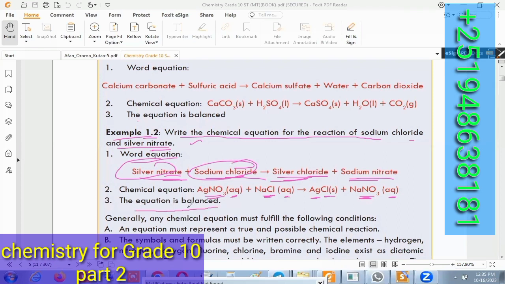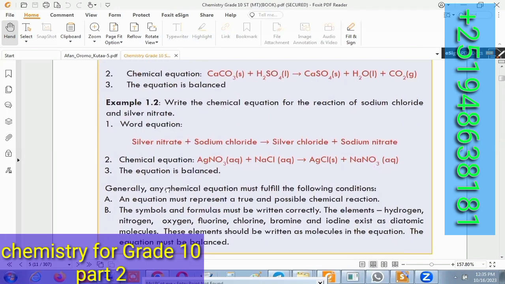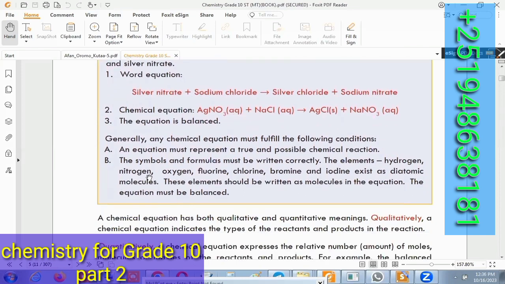So the equation is already balanced, which means we have equal number of each atoms on both the reactant and the product sides.